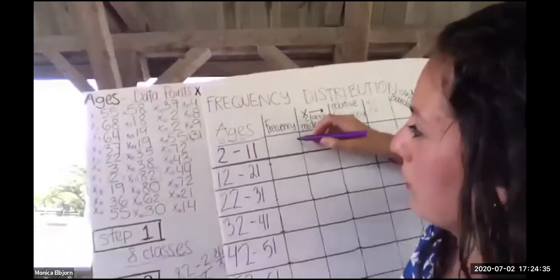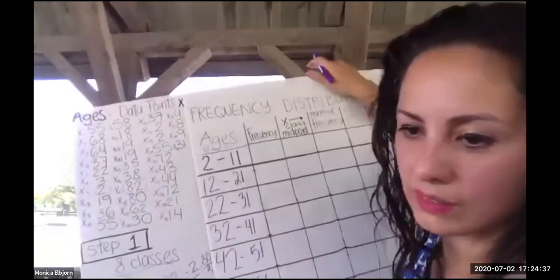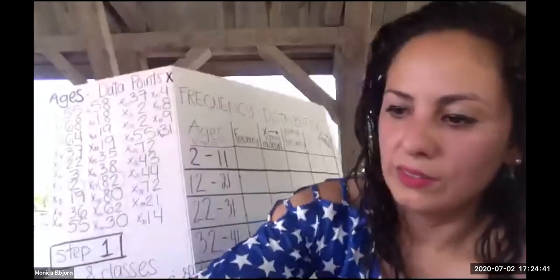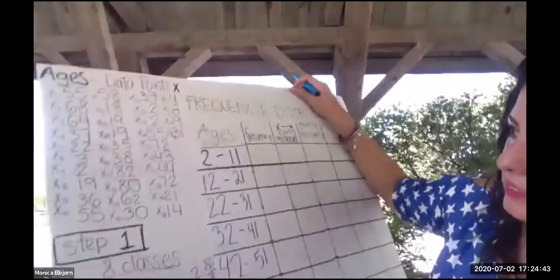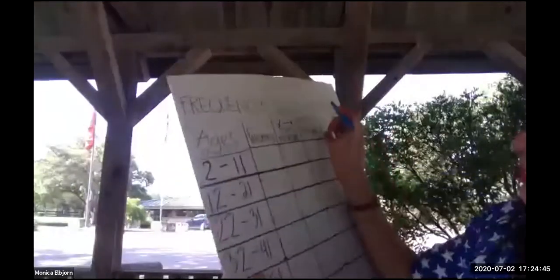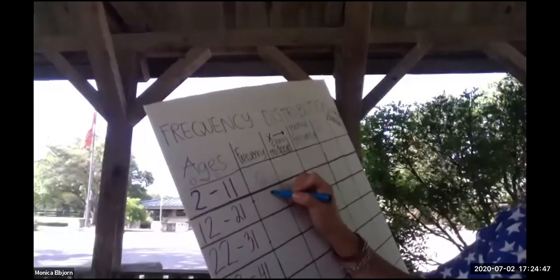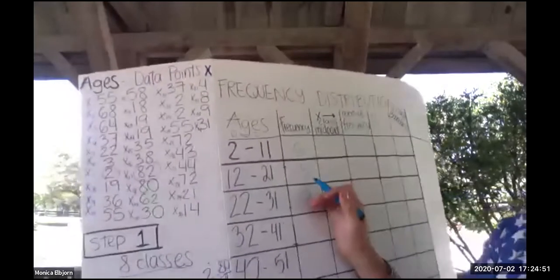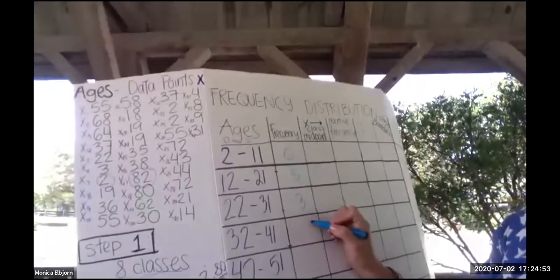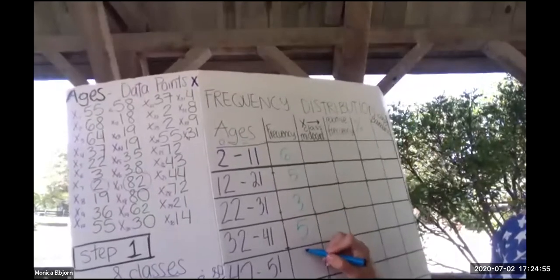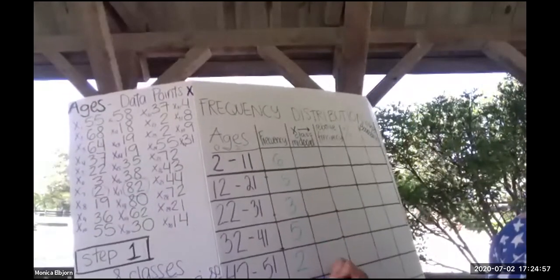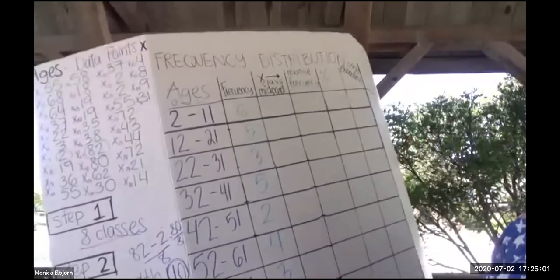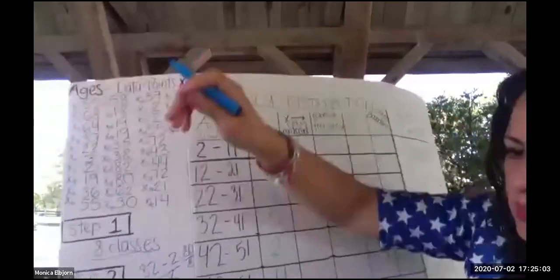And then our frequency, I think I already have the frequency, so let me just write it down. So I got 6, 5, 3, oh, 5, 2, 4, 3, 3, and 1.